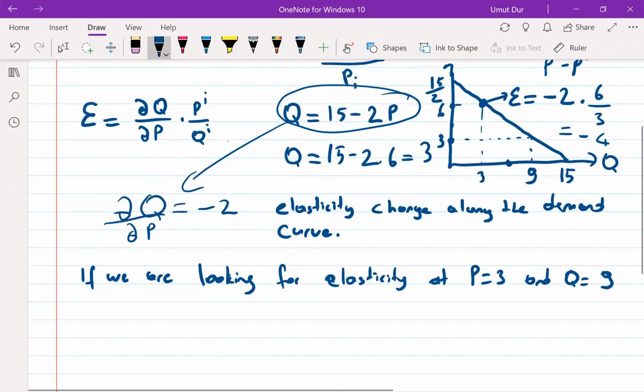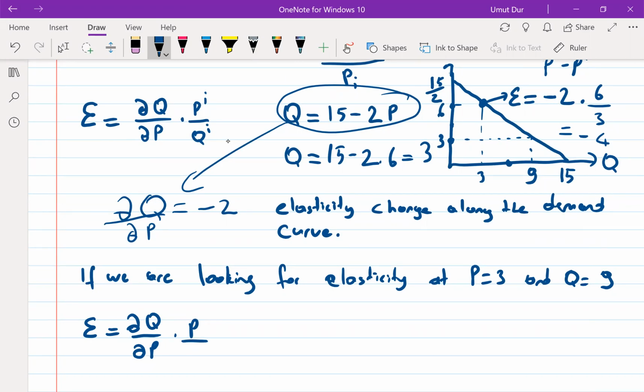I will use the same formula, dq over dp times p over q. The derivative does not change along the graph.